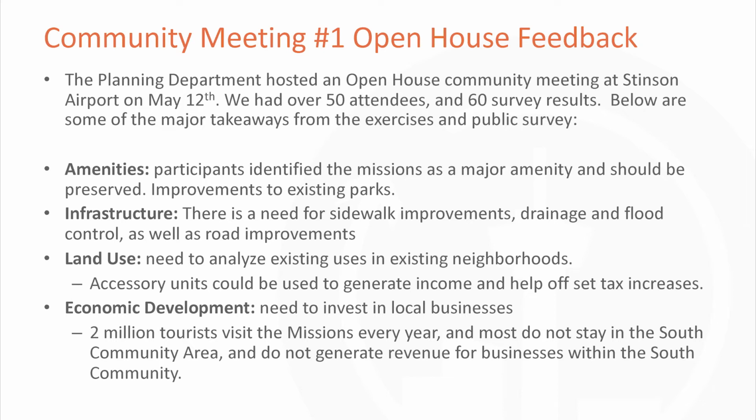One thing that's come up is the possibility of letting people know that accessory units can be used to generate income, and they kind of help offset your tax increases. These are those houses where you see what looks like a storage shed in the back or some kind of unit in the back that can be converted into an accessory unit that can be rented out to help generate income for residents.